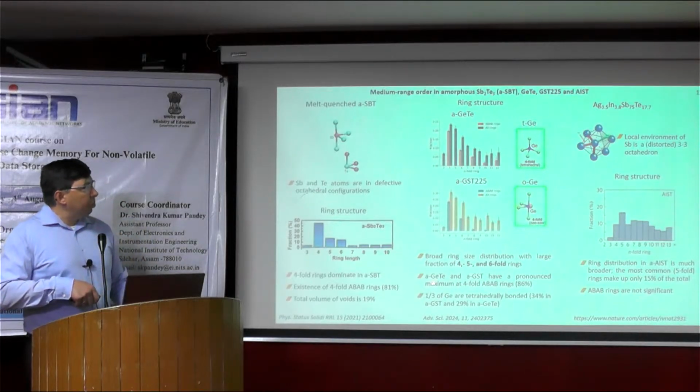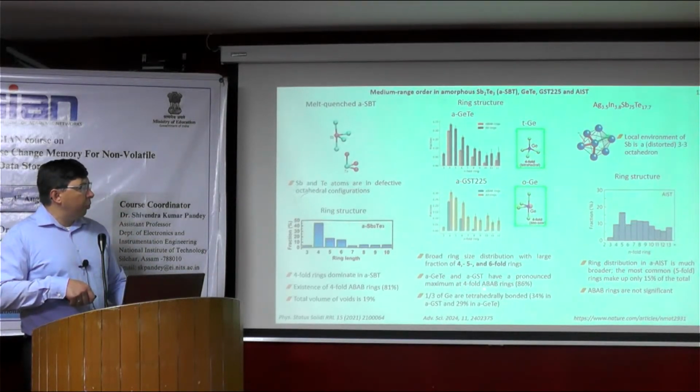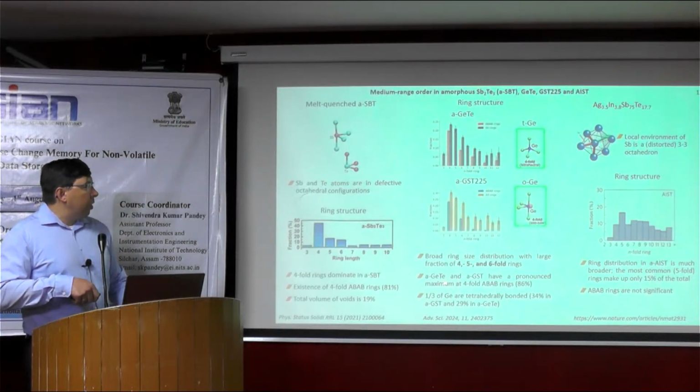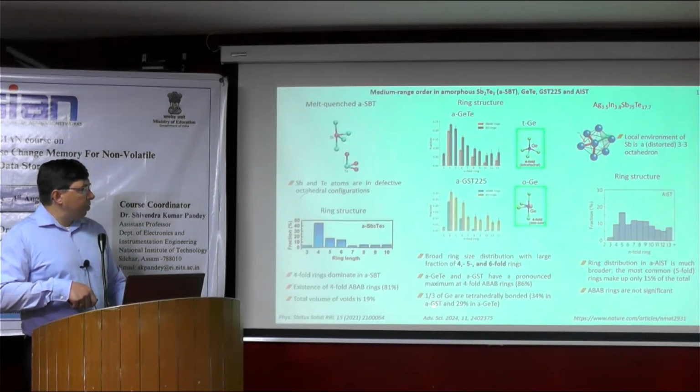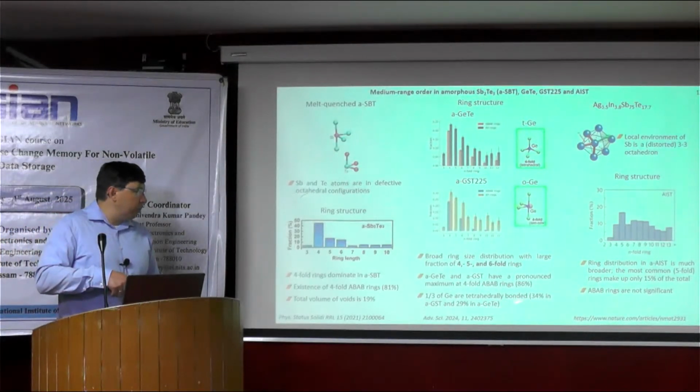The amorphous germanium telluride and GST also have a pronounced maximum of fourfold ABAB rings, 86%, and one third of germanium is tetrahedrally bonded: 34% in amorphous GST and 30% in amorphous germanium telluride.